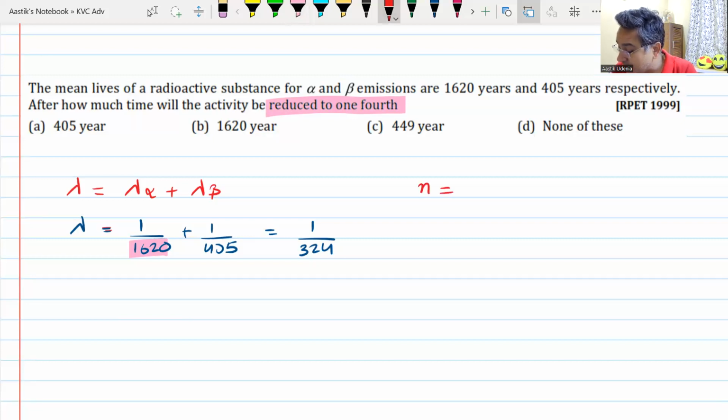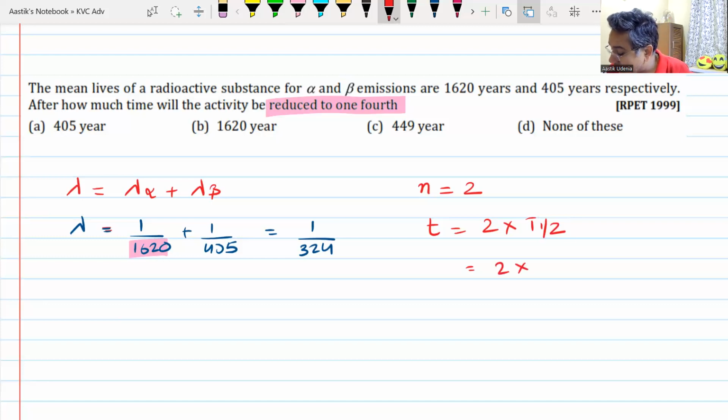So the number of half-lives would be 2. So time will be equal to 2 multiplied by the half-life. Half-life is 0.693 divided by lambda.